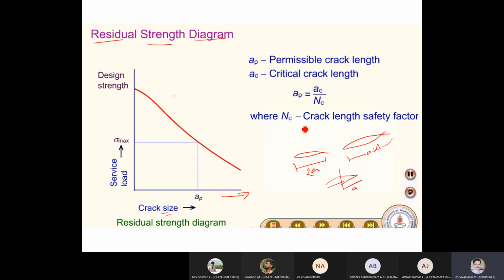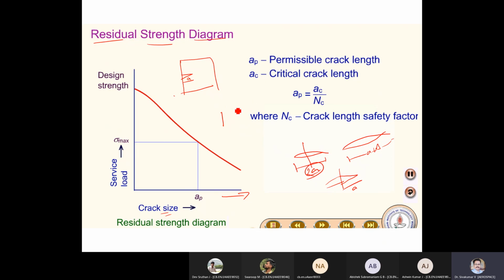In most of the analysis, we will demonstrate with this kind of crack study. So this is A, basically half crack, or one half only we have set. So the full crack is 2A.